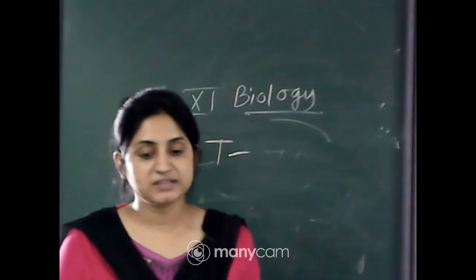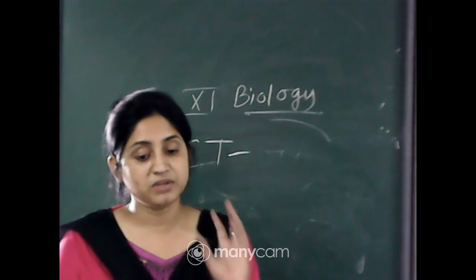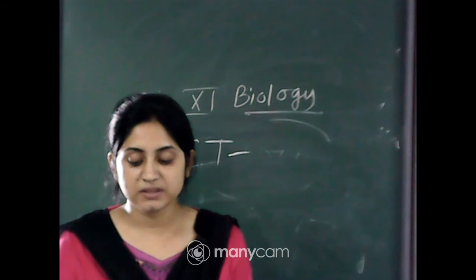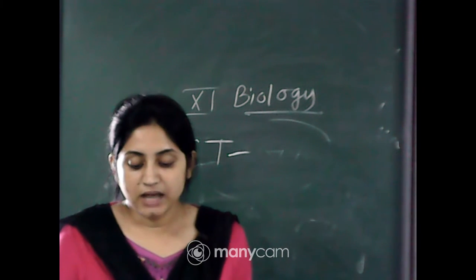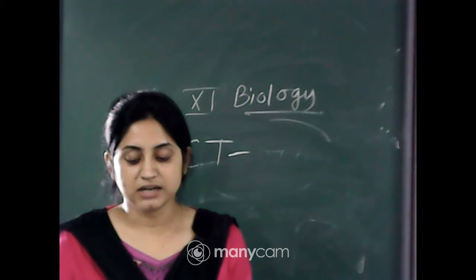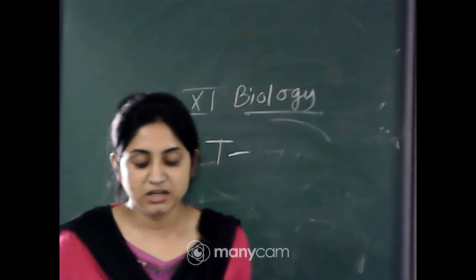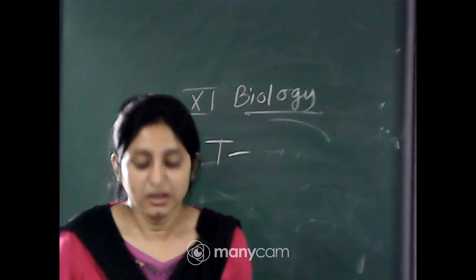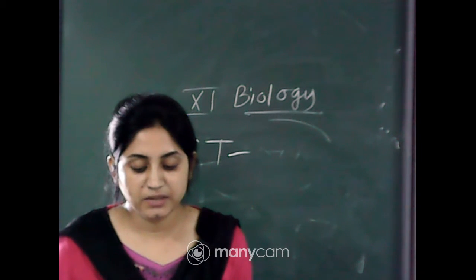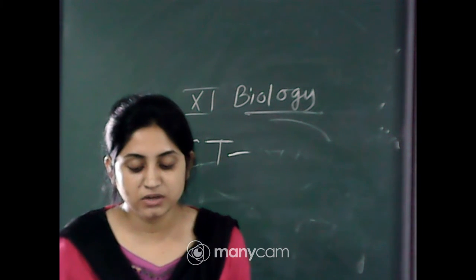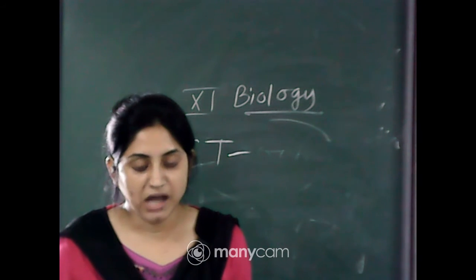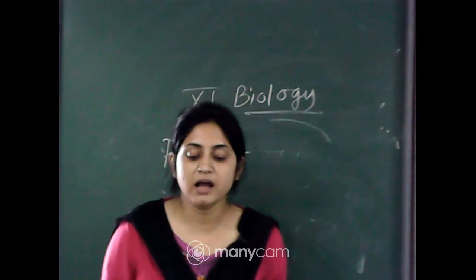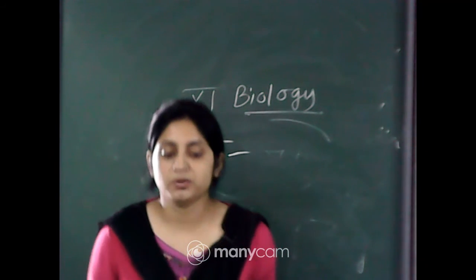The PCT is lined by simple cuboidal brush border epithelium, which increases the surface area for reabsorption. Nearly all essential nutrients, and 70 to 80% of the electrolytes and water, are reabsorbed by this segment. The PCT also helps to maintain the pH and ionic balance of the body fluids by selective secretion of hydrogen ions, ammonia and potassium ions into the filtrate, and by the absorption of HCO3 minus.